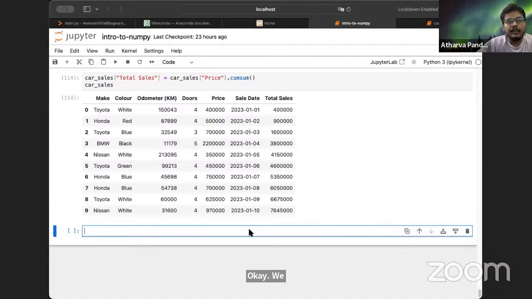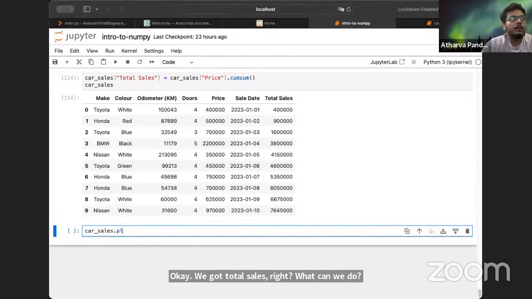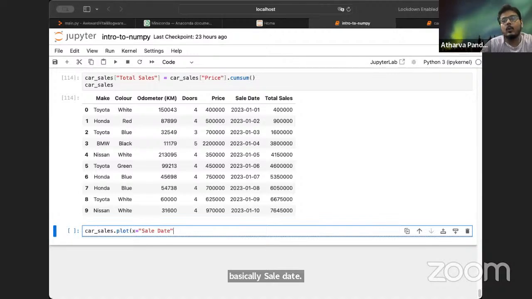We got total sales, right? What can we do? Okay. Car sales, let's just say, and we want to plot. We want to say that x-axis is basically sale date, right? And y-axis as total sales.